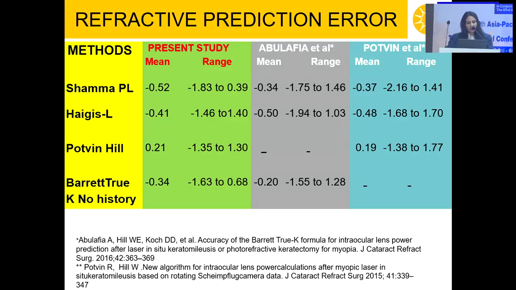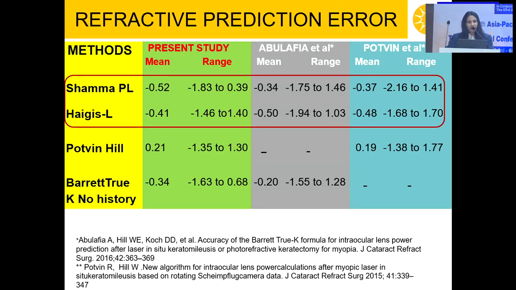It was seen that the results of Haigis-L formula were similar to our study, while for Shammas formula, the refractive prediction error was slightly higher in our study as compared to the other 2 studies. Potvin-Hill formula gave a slightly hyperopic error, similar to Potvin et al.